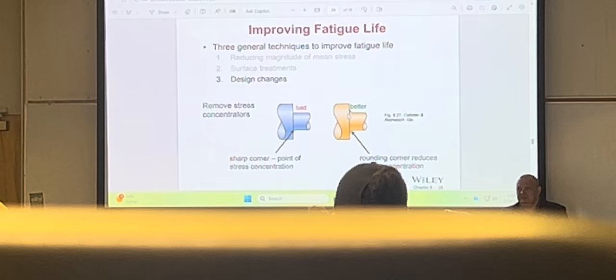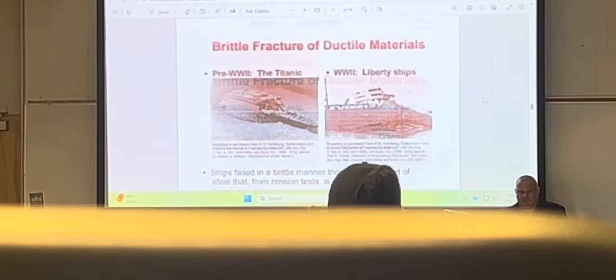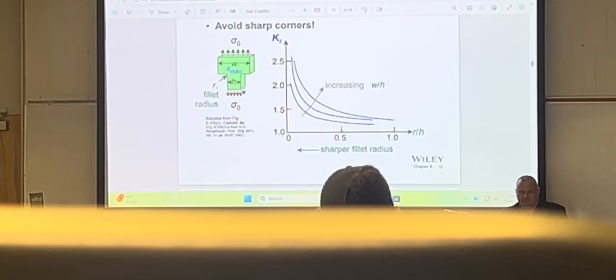Design. This is bad design, this is better design. A smoother transition from one geometry to the other. Never make abrupt changes like this. Why? Because of the stress concentration. Go back here, and you're going to see that the sharper the transition, the higher the stress concentration.